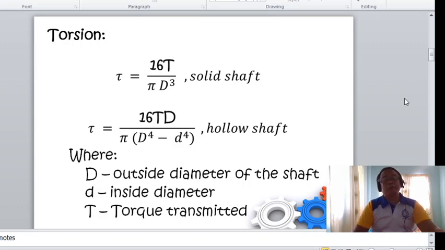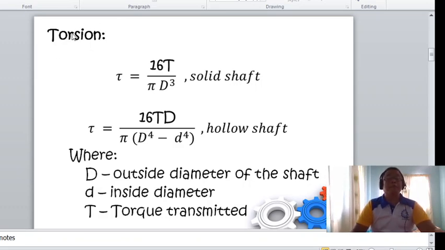This formula is derived from the basic equation for torsion, which is Tc over J: torque multiplied by the distance from the neutral axis to the outermost fiber, divided by the polar moment of inertia J. Substituting the values, we derive the equation tau equals 16T over pi d cubed. Therefore the stress of the material is in terms only of the torque and the diameter.